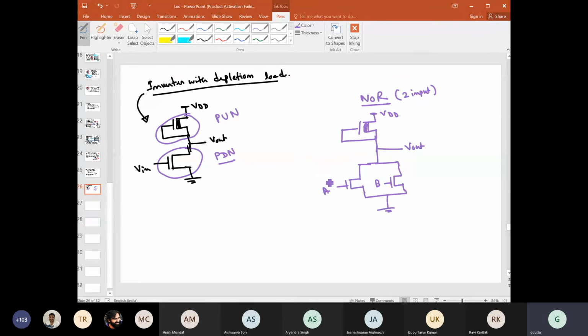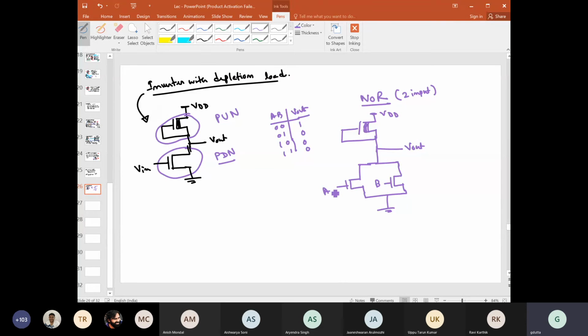What will be the truth table for this NOR gate? 0 0, 0 1, 1 0, 1 1, and this is the V out. NOR gate, please guide, what should I write here? 1, 0, 0, 0, right?